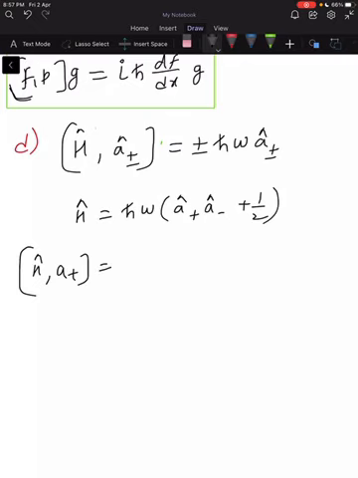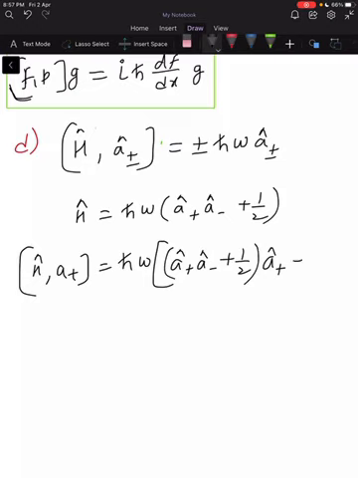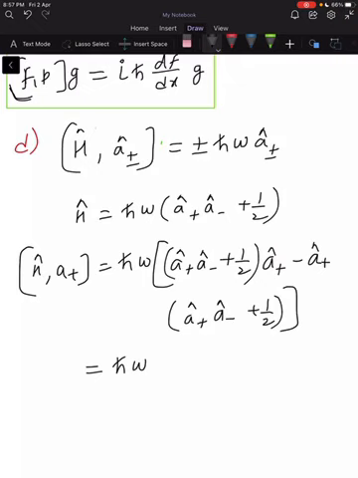We can write [H, a+] = ħω[(a+ a- + 1/2), a+].